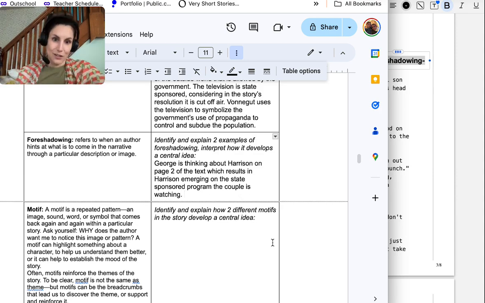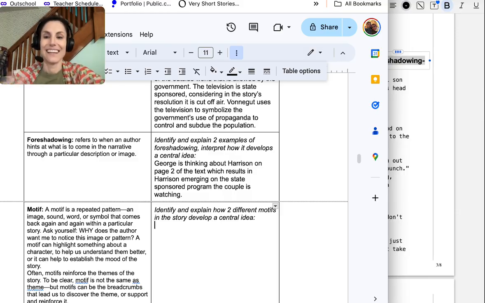The motifs could also be, we could say the television is a motif. The handicaps themselves are motifs. We could say the mention of the handicaps are just motifs showing how controlled these people are.